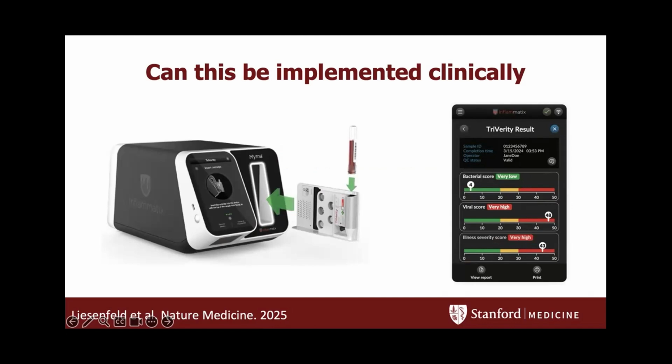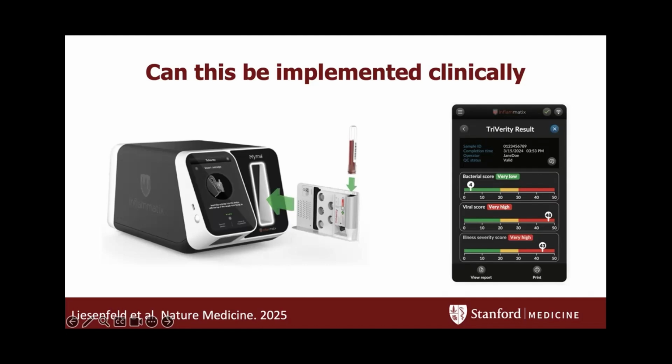This is a device that measures 29 mRNAs in about 30 minutes and then spits out 3 scores: likelihood of viral and bacterial infection, and then more importantly for our purposes, how severe this infection is. So essentially how likely that patient is to require ICU level of care and to die from their infection. And this is output as a score from 0 to 50 with 5 bands divided by 10.